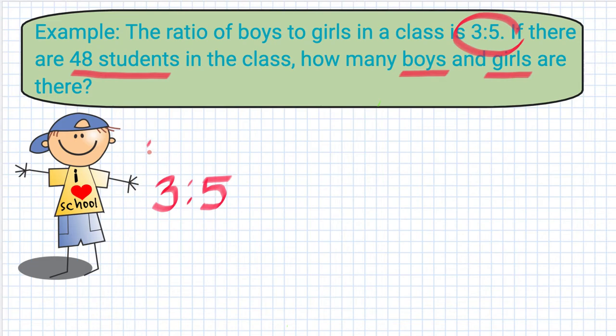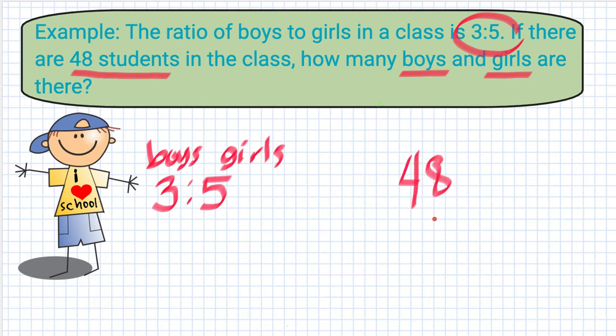So 3 boys and 5 girls. The question is, in that 48 students, how many boys and how many girls are there?